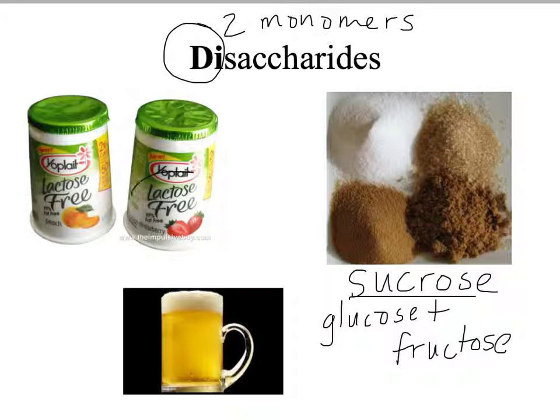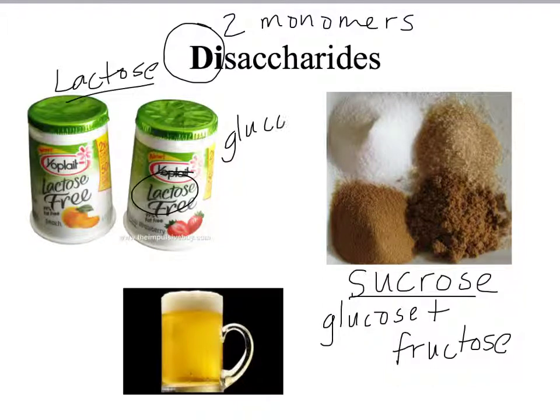This one should sound familiar, lactose. People know other people who are lactose intolerant. Lactose is a sugar found in many milk products. So lactose is the disaccharide formed by joining glucose and galactose, two monosaccharides.